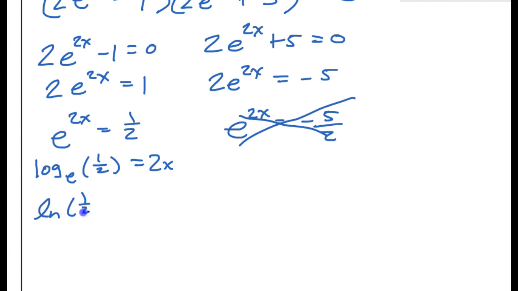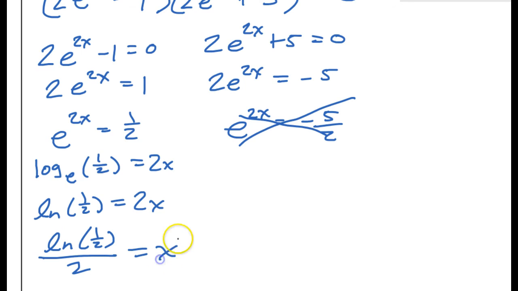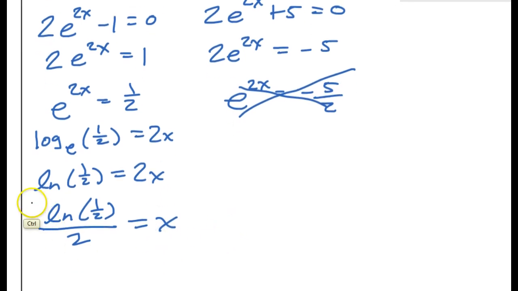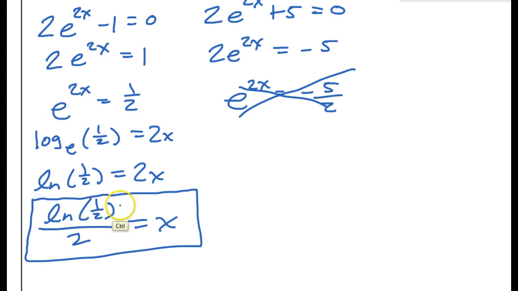So natural log of 1/2 is equal to 2x. Dividing both sides by 2, we get natural log of 1/2, over 2, is equal to x. So this is your final answer if you do not have a scientific calculator. You would just write this down as your answer.